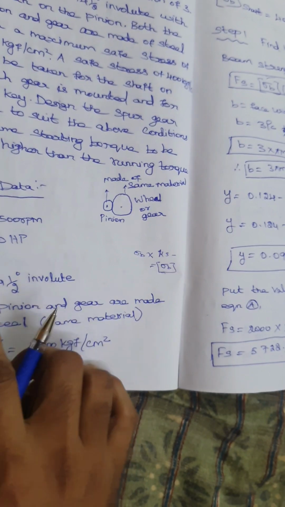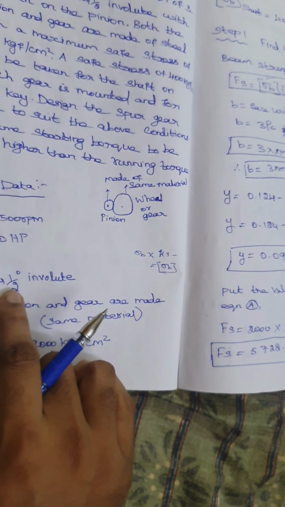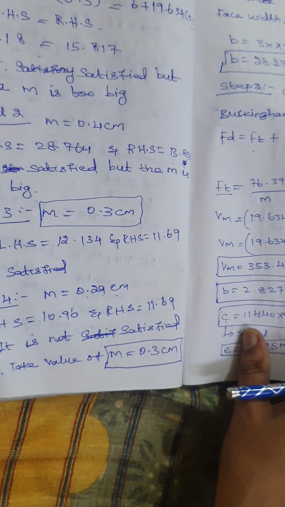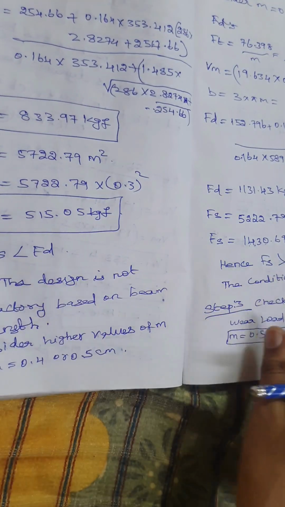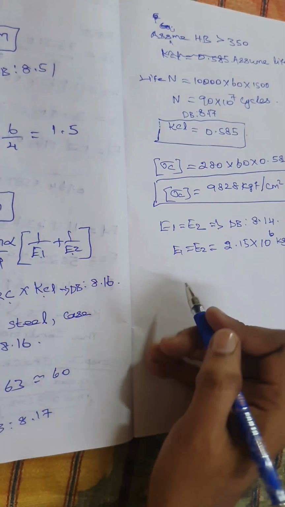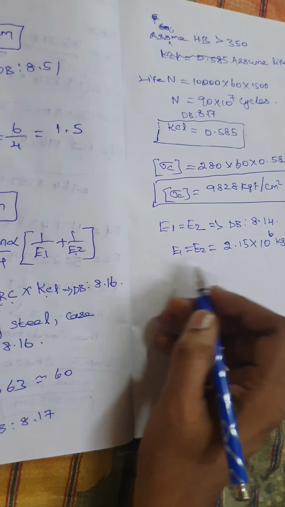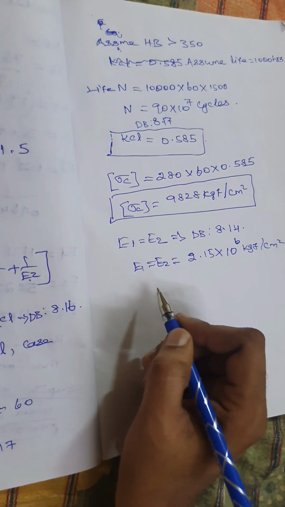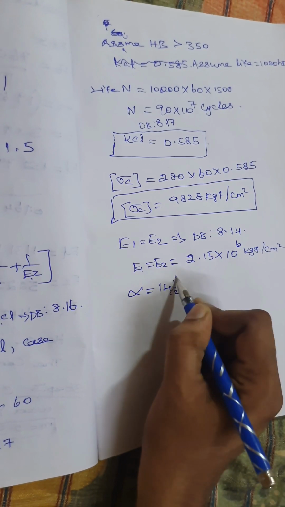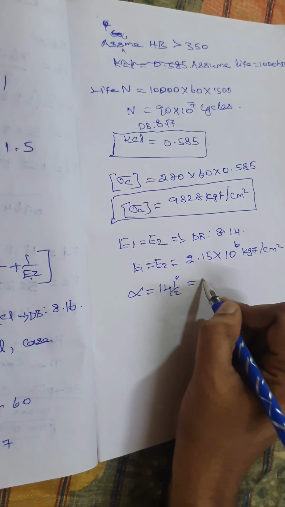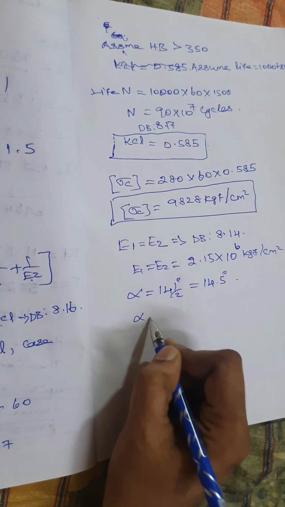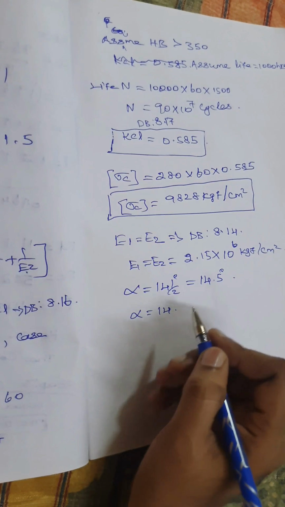Yes, this is the alpha value, which is given as 14.5 degree. So we also got the value of alpha.